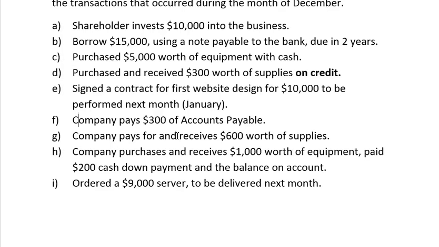She buys some more supplies. And then she bought a little more equipment, which she paid in cash and put some on account. And then she also ordered a server so that she can house her data, and that order that she placed indicated that the server would be received next month. So we'll have to talk about how we're going to handle I as well.